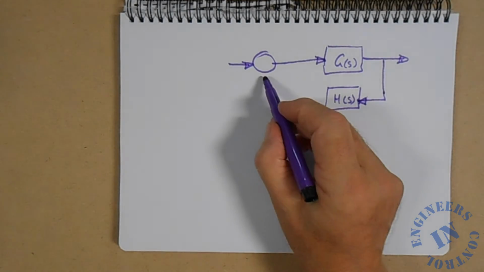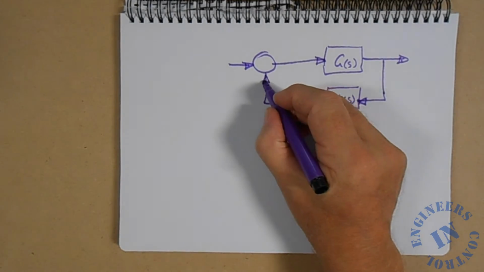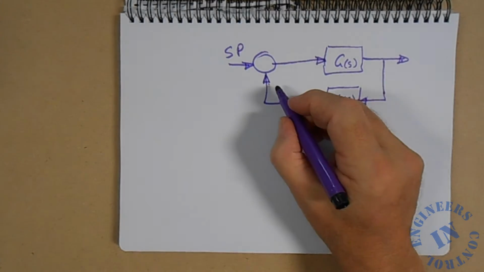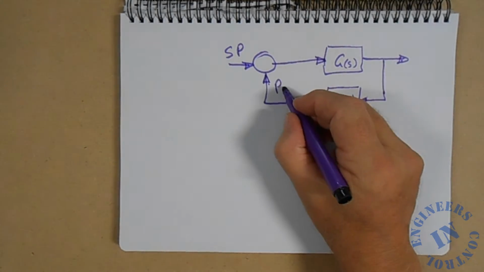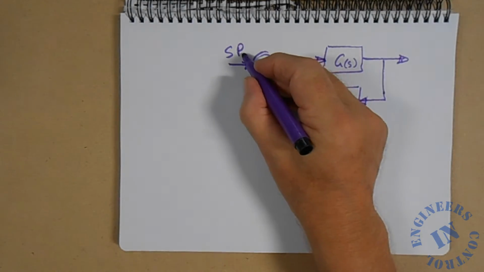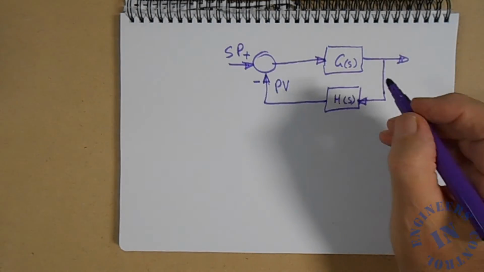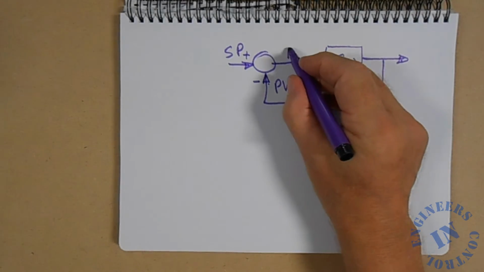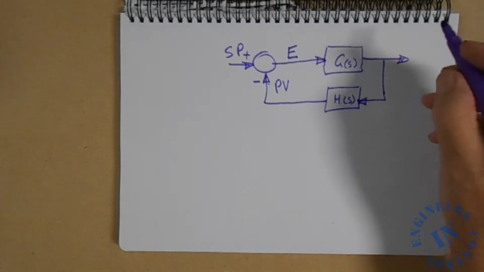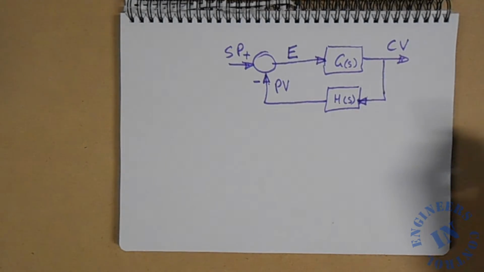And we have a summing junction, a set point which we label there, and a process variable which we label there, and the process variable is subtracted from the set point. The difference between the two we usually label E for error, and the output we label CV.